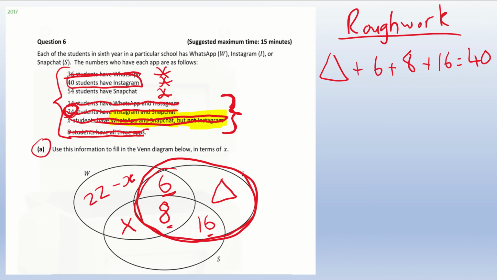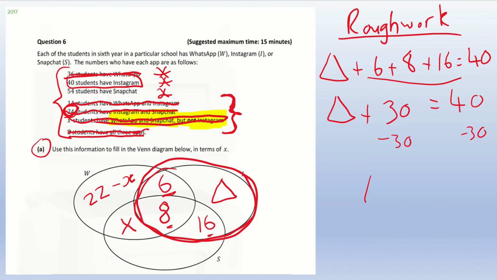If I simplify my left-hand side, I do the triangle plus, if I add up all those, 30, is equal to 40. If I'm trying to get the triangle on its own, I take 30 away from both sides, and I get my triangle is equal to 10. So in my Venn diagram now, I'm going to rip out my triangle and put in the number 10. And if I add up 10, 6, 8 and 16, I will get 40.